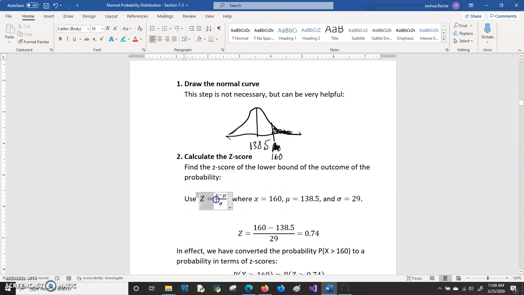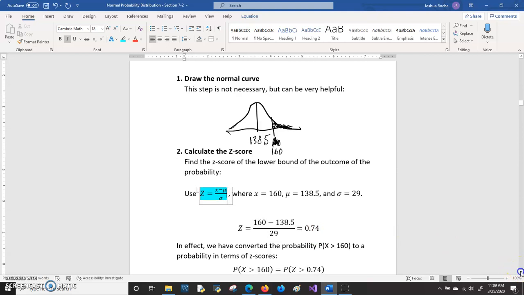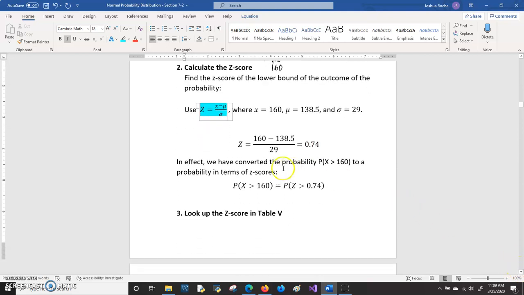This time our x is 160. Plug in all the values, and the z-score comes out to 0.74. And like before, we've converted our probability so that it's no longer in terms of x, but now it's just in terms of z. The probability that x is more than 160 is equivalent to finding the probability that z is more than 0.74.